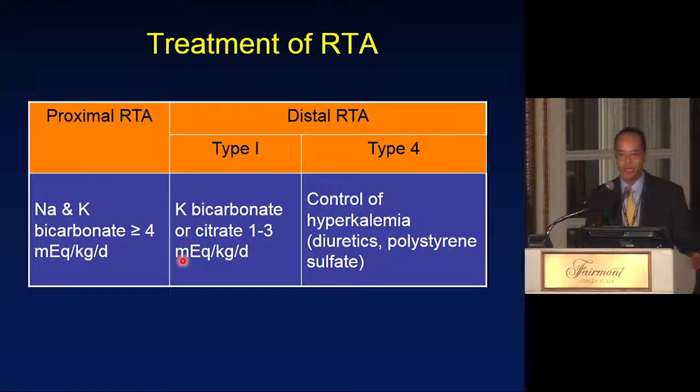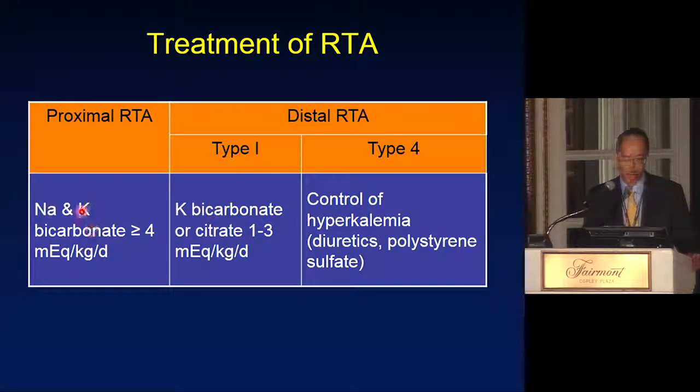So that's the acid that's generated primarily from dietary ingestion of meat. And so that's generally about 1 to 3 milliequivalents per kilo per day. So these patients generally need something like 30 milliequivalents of sodium citrate twice a day or 3 times a day.